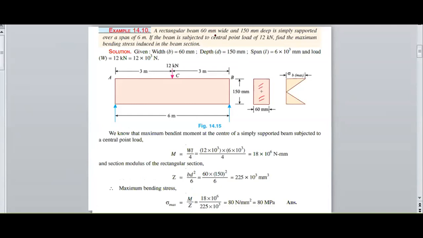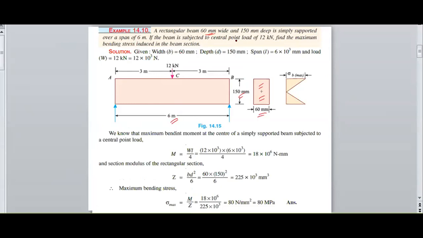whose width is 60 mm and depth is 150 mm, and a simply supported beam of 6 meter span. So this is the length of the beam.